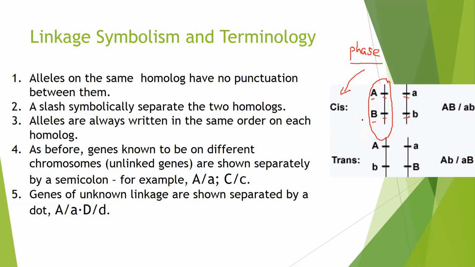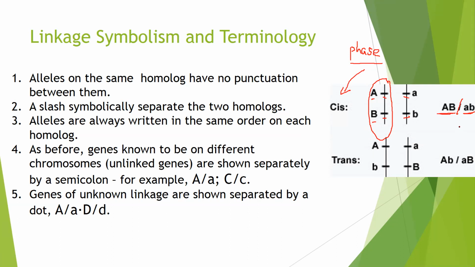So this is the cis phase, and we can use this notation to represent this. This is a little bit different from before. We use a slash to separate these two homologous chromosomes, and you're going to see the big A and the big B on one side, the small a and the small b on the other side, right?